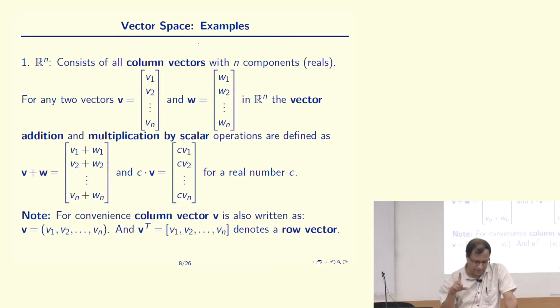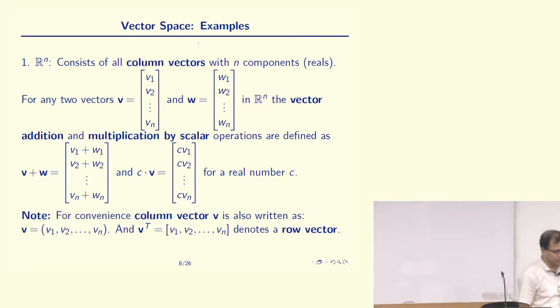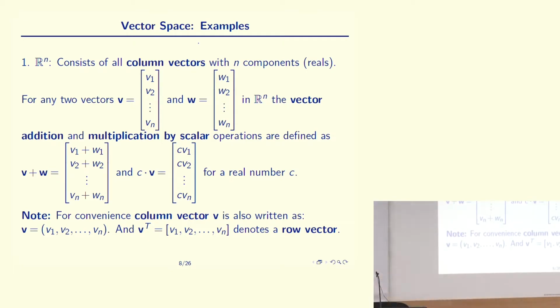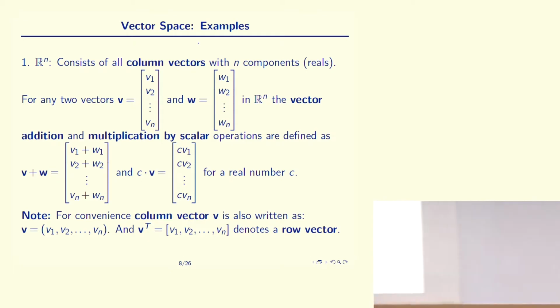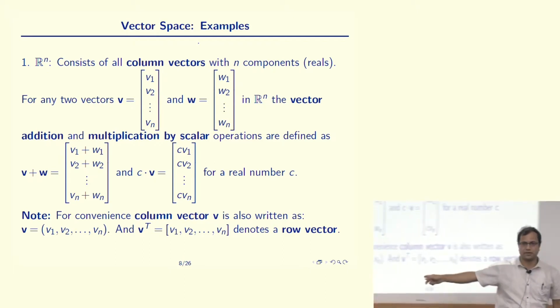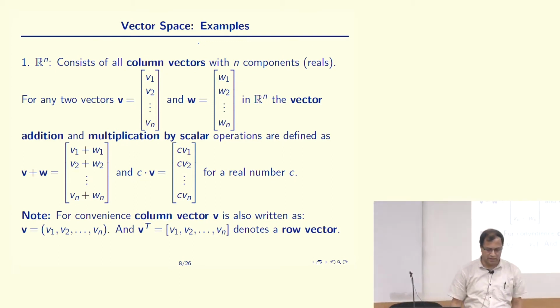One thing is that the column vector notation sometimes takes too much space, right? So the notation I sometimes use is this vector (v1, ...) in brackets, an ordered set of real numbers, and the corresponding row vector.